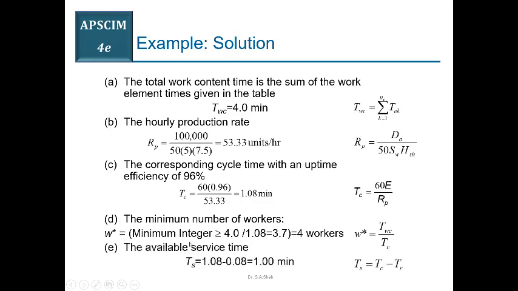And then finally, once you find the cycle time, Tc आपके पास आ गया है, so then you can use this formula. Ts का मैंने आपको बताया था, जो सर्विस टाइम है या स्टेशन टाइम है, it is simply Tc minus Tr.